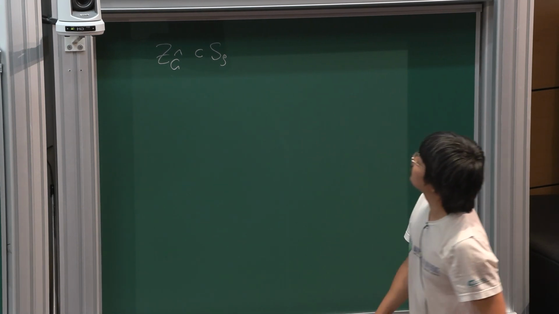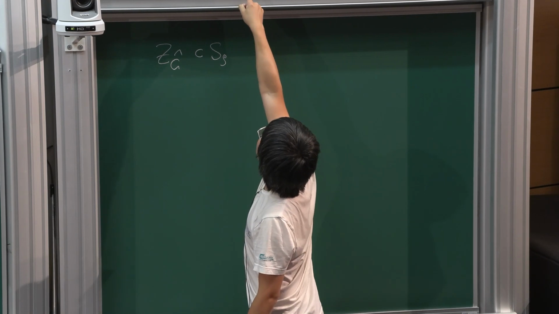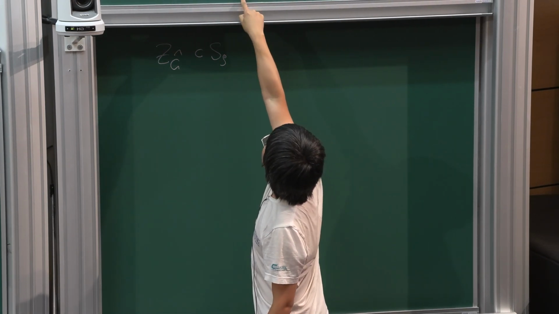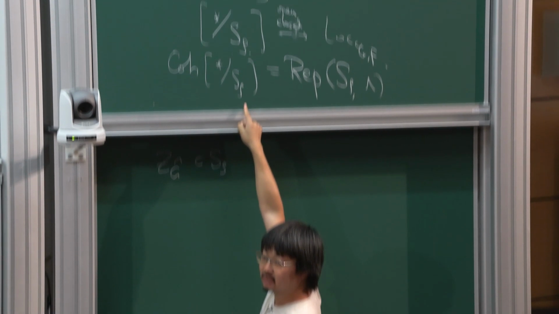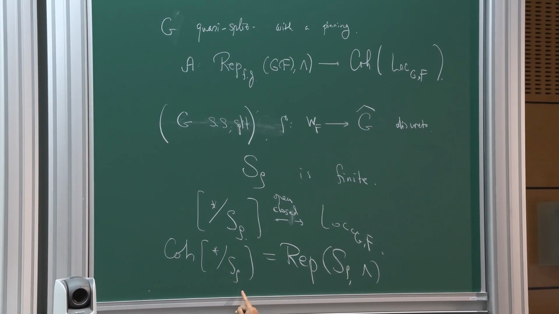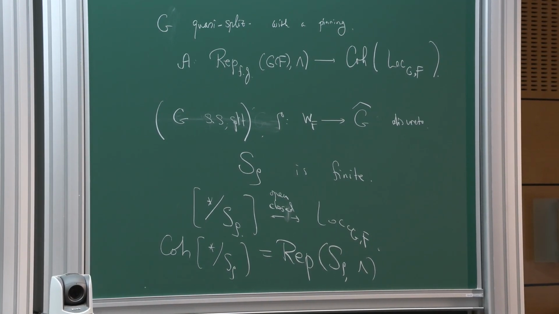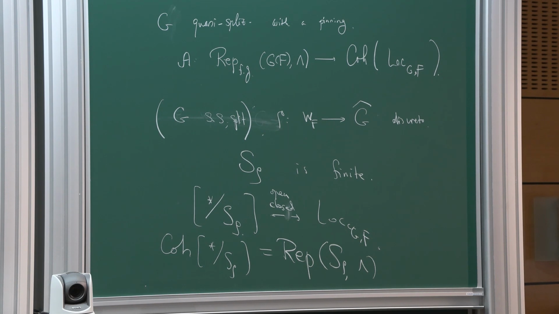In the classical formulation of Langlands, only those representations of S_phi which are trivial here would correspond to your original G.